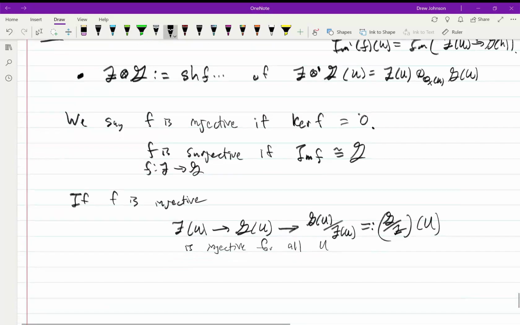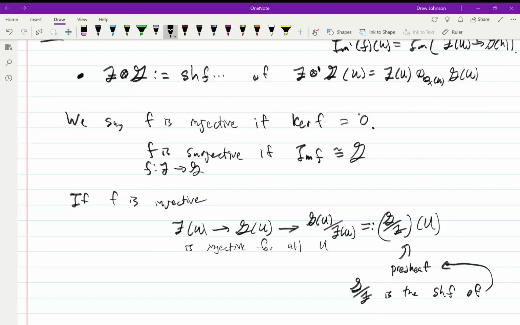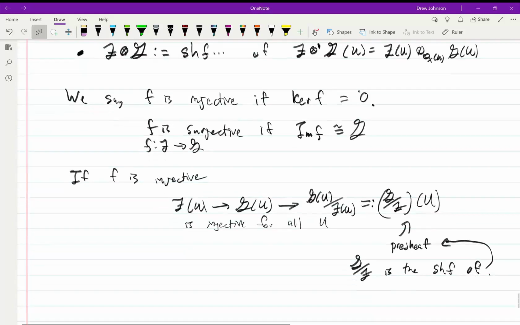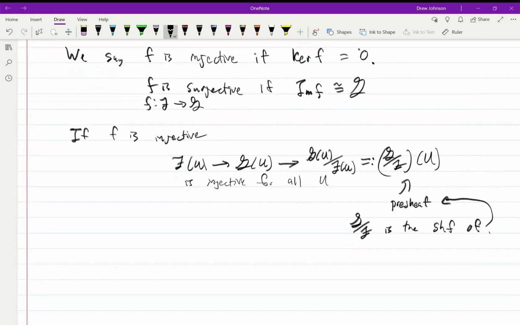It turns out this is a pre-sheaf, and so then we take its sheafification. So G mod F is the sheafification of this thing. If you like category theory, what we've basically done is made the category of sheaves on X into an abelian category.